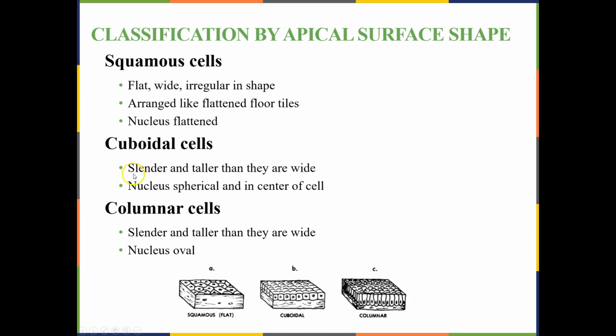When you have cuboidal shaped cells, the cells are all cube-shaped, which is where they get their name, and the nuclei tend to be right in the center of the cell. And then columnar cells have more like a rectangular, column structure, with the nuclei sitting at the basal region, very low to the cell.